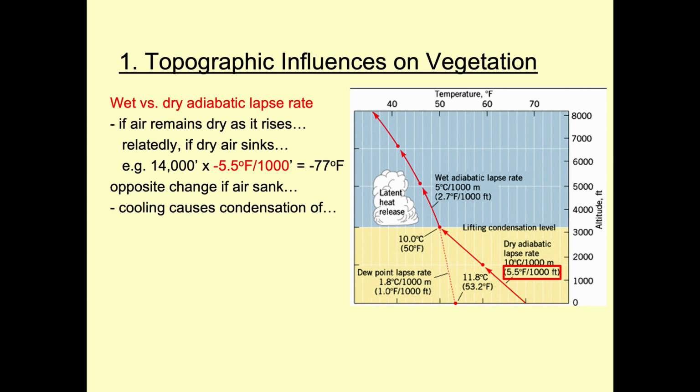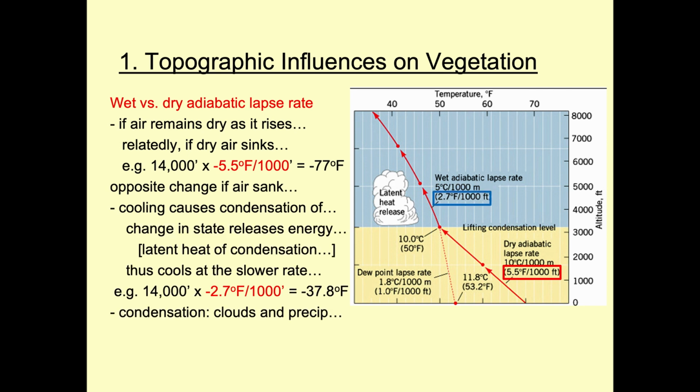However, cooling causes condensation of water molecules. So water is in a gaseous state until it cools enough and reaches its dew point. Condensation then occurs. So once condensation occurs, that parcel of air that is rising is then saturated with liquid water.